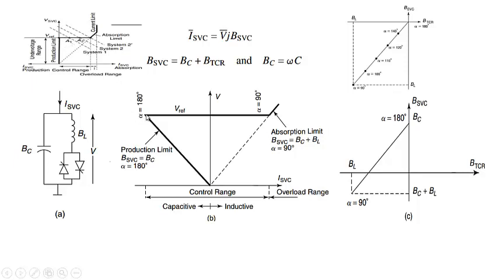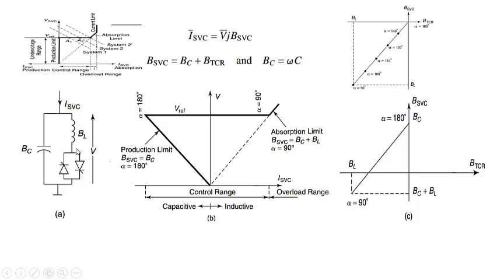Similarly, if voltage increases like this, we'll issue some firing to this. It will consume the reactive power, and it will make the system voltage come, let us say, to this point. Similarly, if the voltage increases further, we can decrease the value of alpha for this TCR, and it will increase, or it will operate at this point. If the voltage increases further, we again change the value of this.